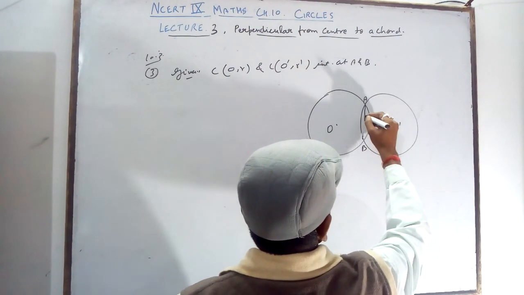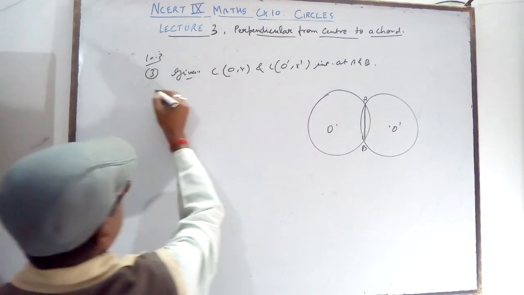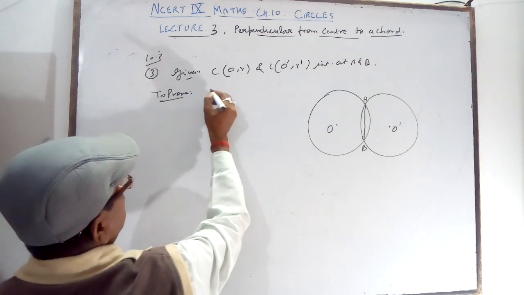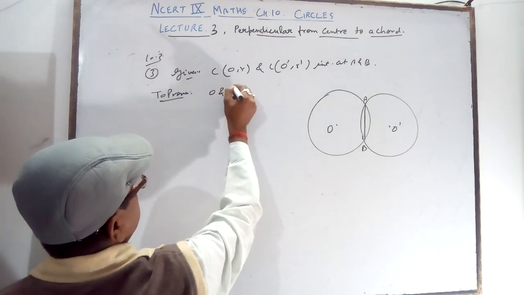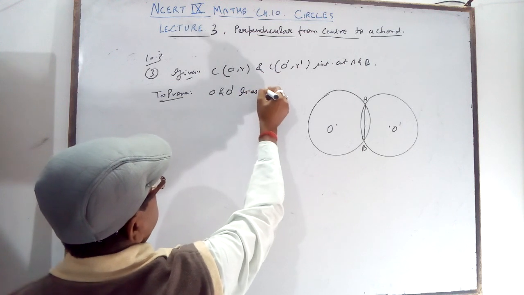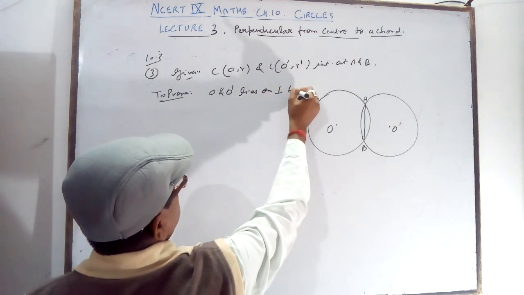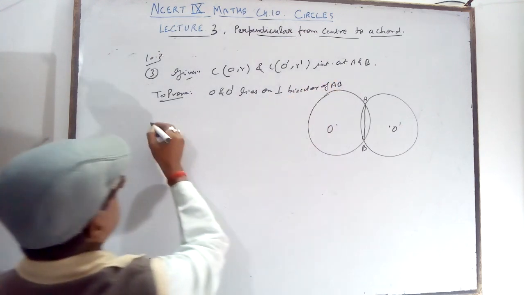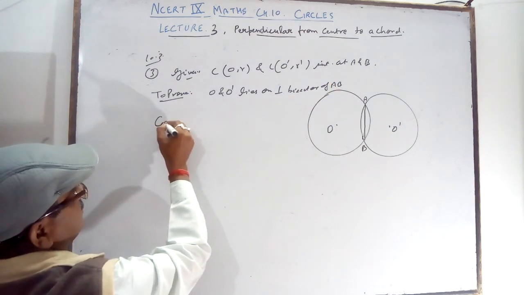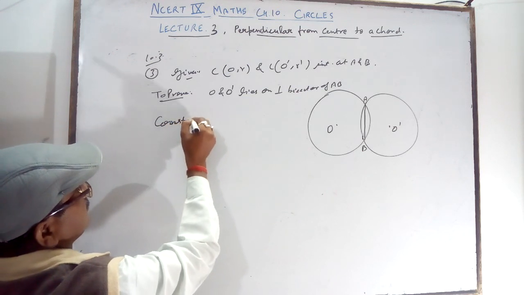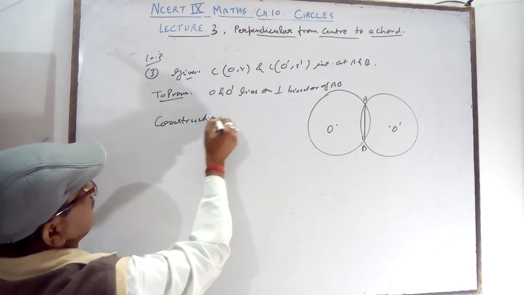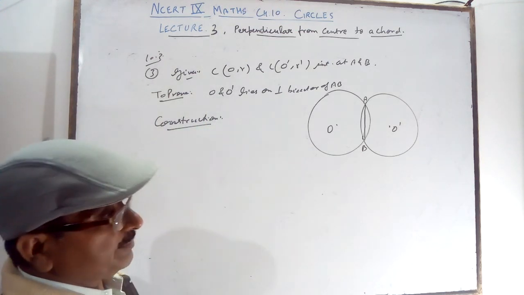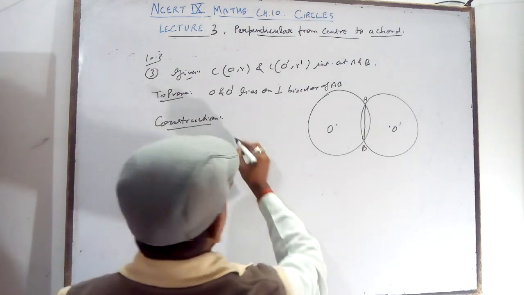To prove: O and O dash lie on the perpendicular bisector of AB.